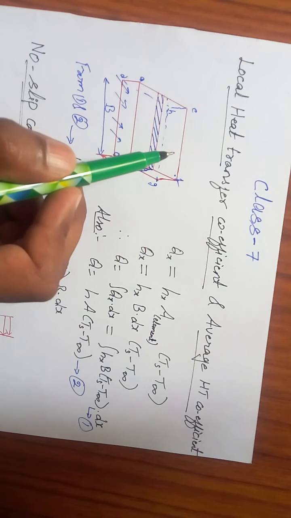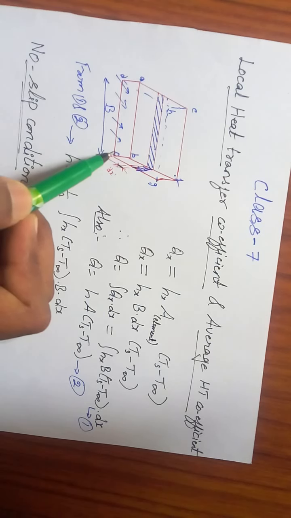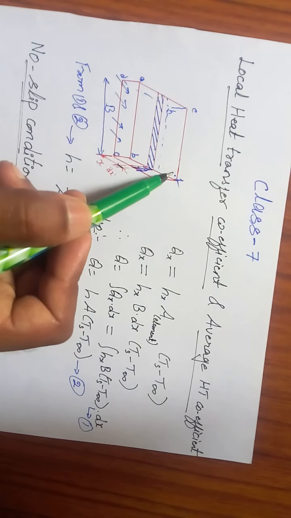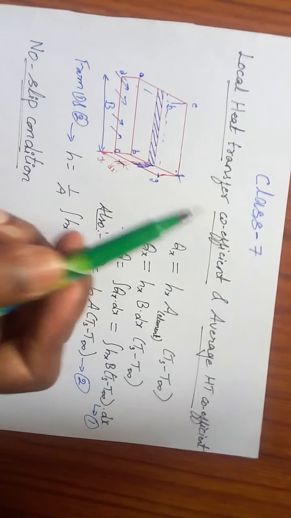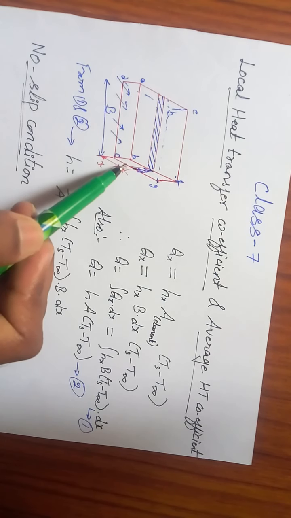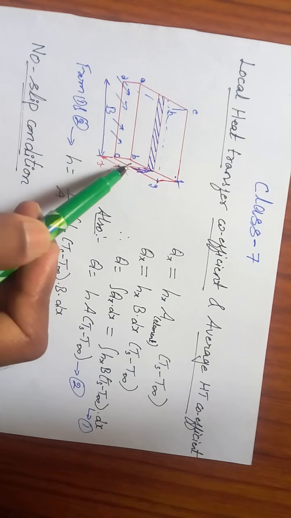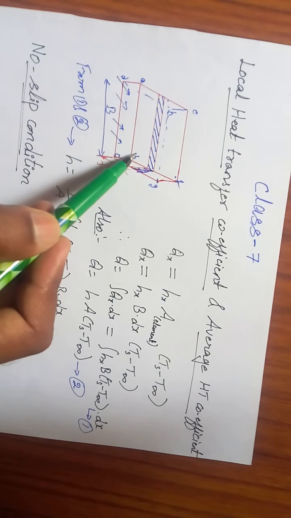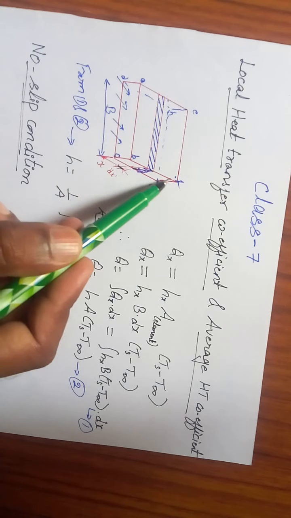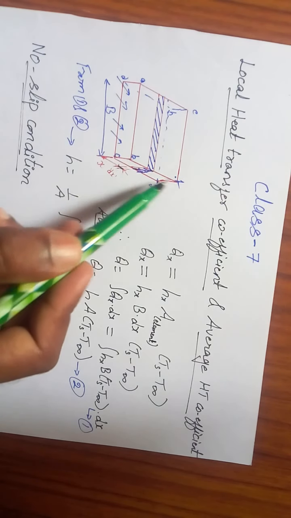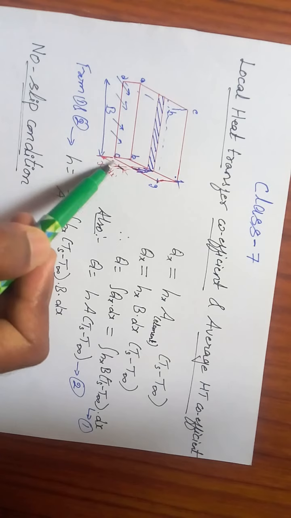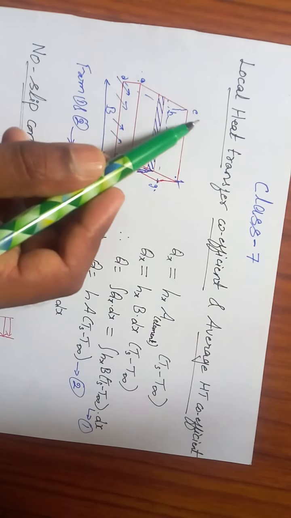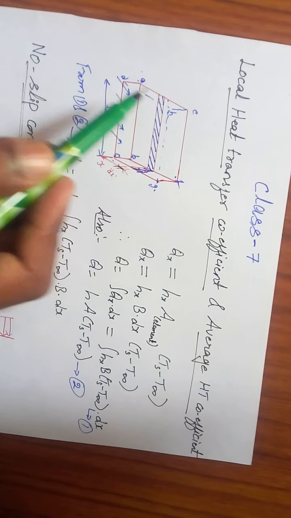That means by convection the rate of heat transferred to the surrounding air from this area will be less compared to the rate of heat transferred by convection from this area over here. So it goes on reducing from this end to this end, from B to F, or from C to G, or from A to C. Along the length, the rate of heat transfer by convection will be reducing.